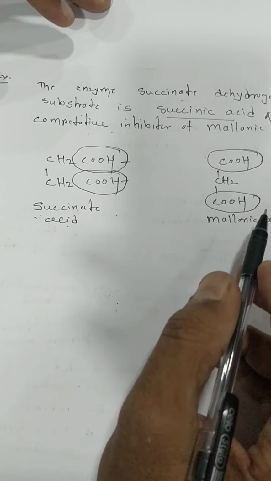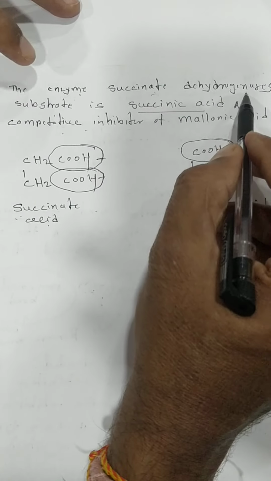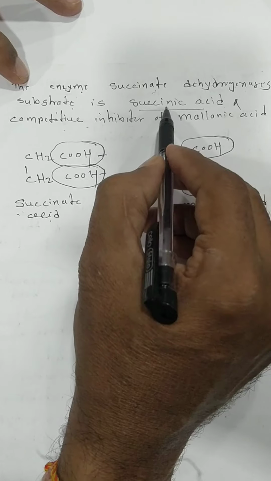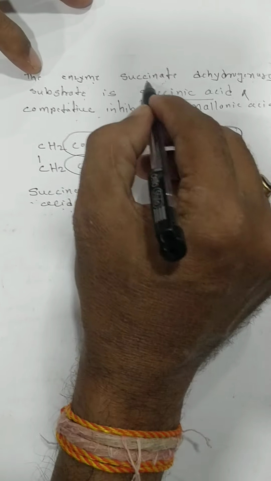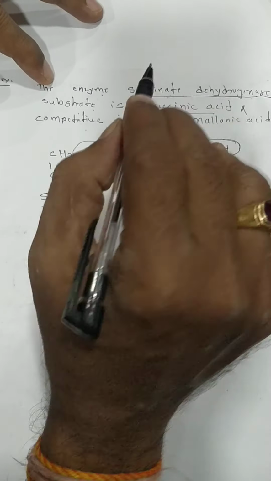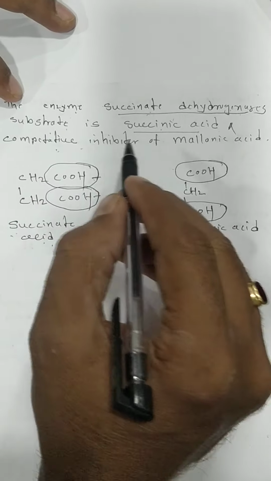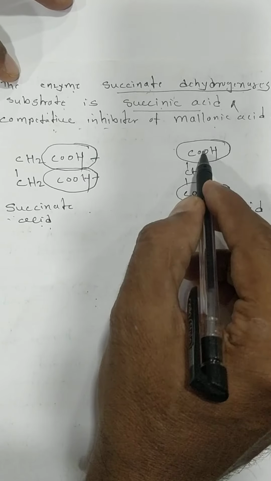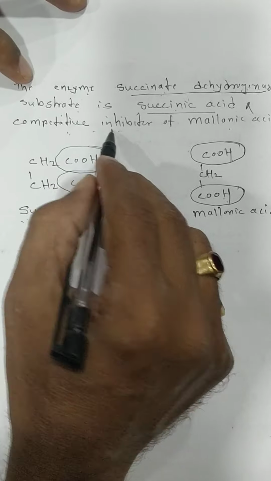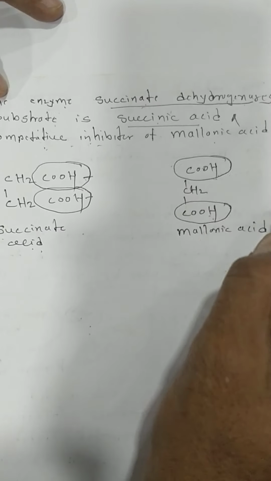Do you understand? The enzyme is succinate dehydrogenase, the substrate is succinic acid, and the inhibitor is malonic acid. They compete with each other for the active group. Which active group?